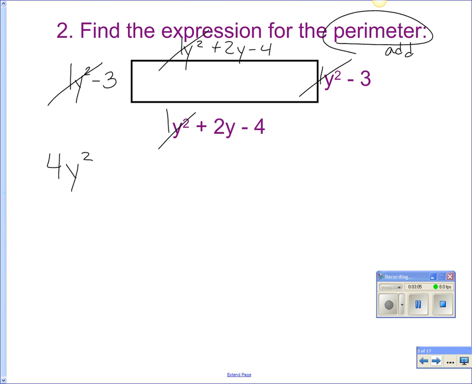Daniel, what do I add with this 2y right here? Which gives you what? 4y. And Chad, what do I need to add last? What else do I still need to add together?